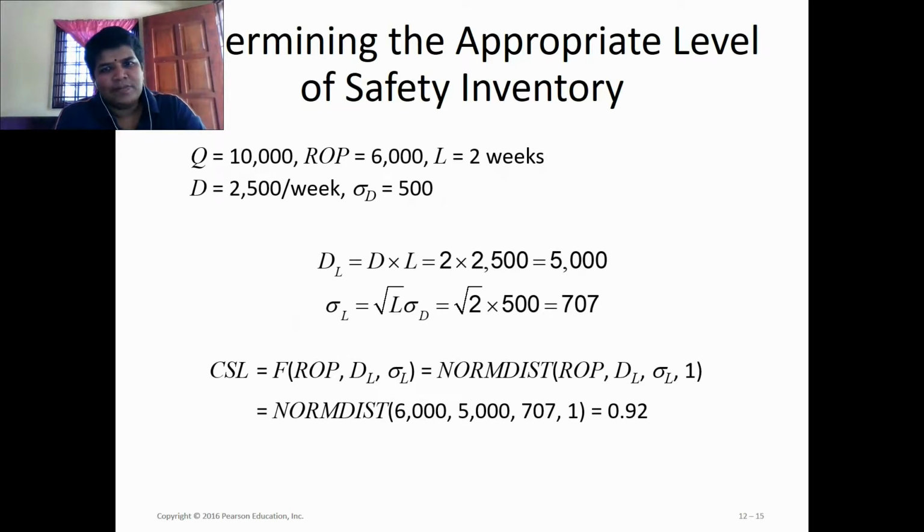DL, as you know, is simply 2 times 2,500, so you will get 5,000 units. Then your standard deviation is simply the square root of L, 2 weeks, times 500, so you will get 707. Then using the formula given, you look up the normal distribution with the numbers, and you will get 0.92. Okay, the value is 0.92.